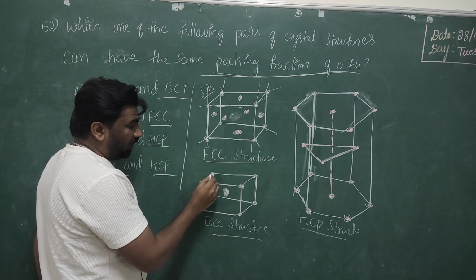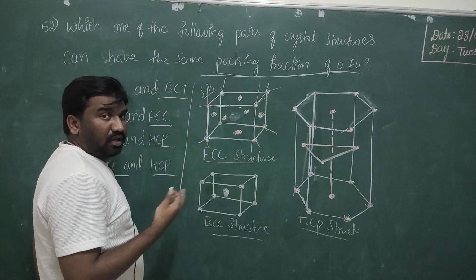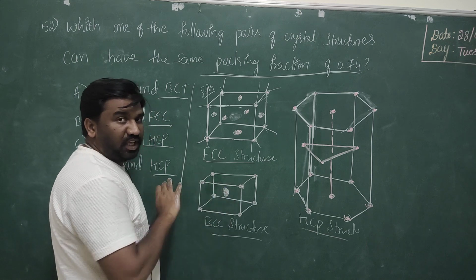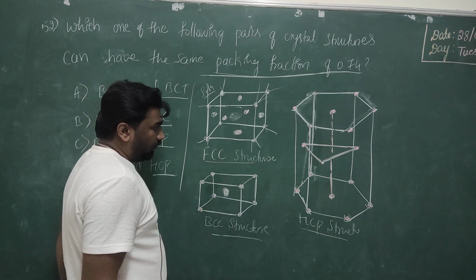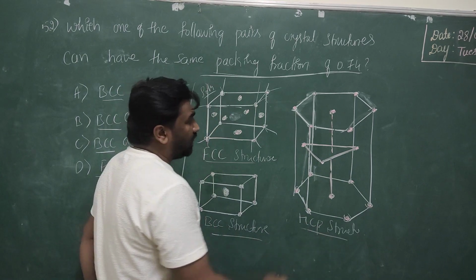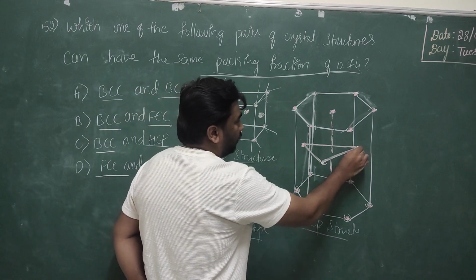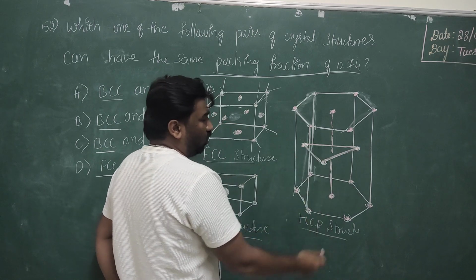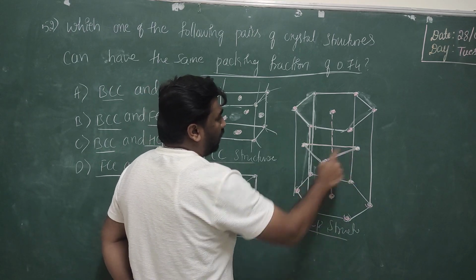Each of the 8 corners is shared with 8 other unit cells, and this is body centered. This is not sharing with anyone. So this is a lattice point, and here is the hexagonal close packing structure. Here the 3 lattice points will be inside this hexagonal close packing.